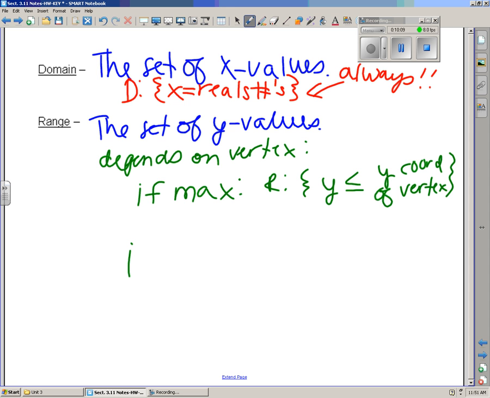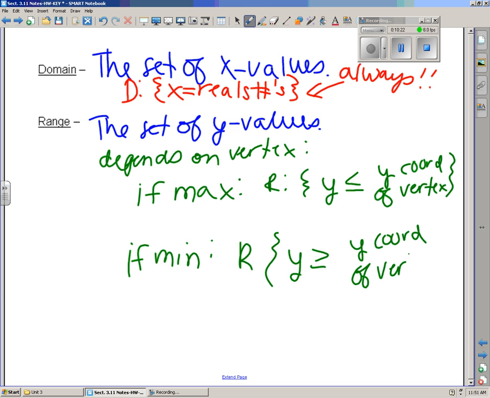And then if your vertex is a min, the range is going to be y is more than or equal to the y coordinate of the vertex.